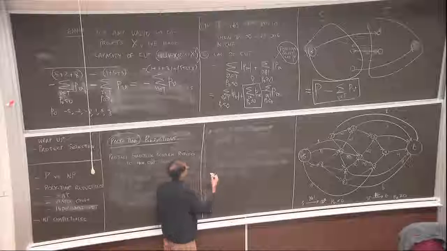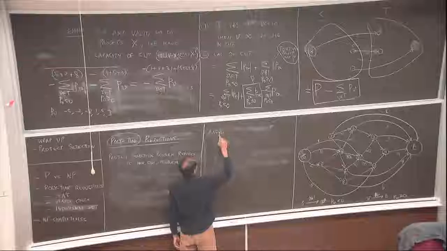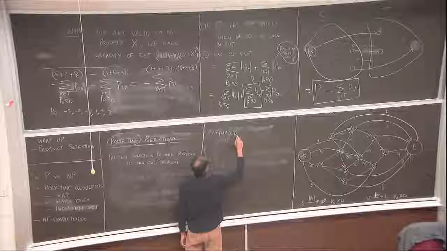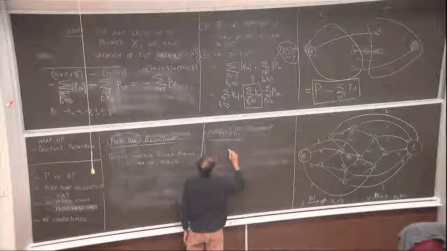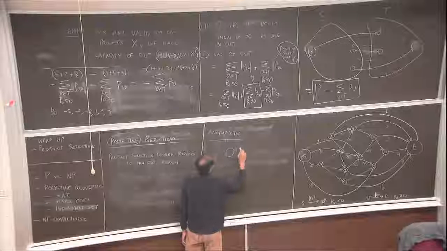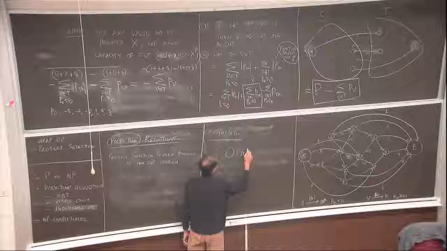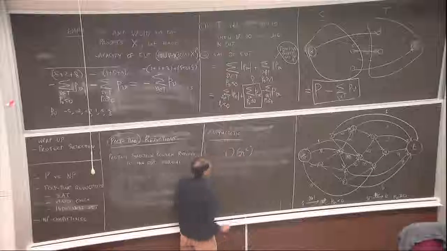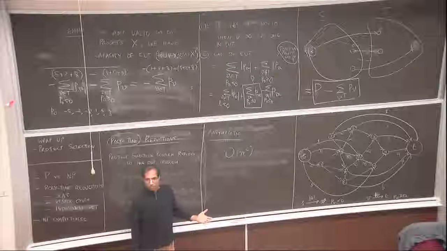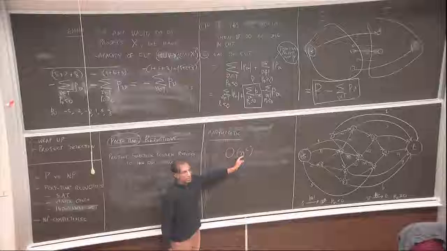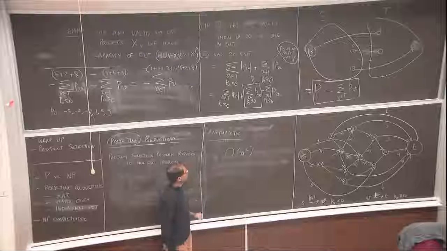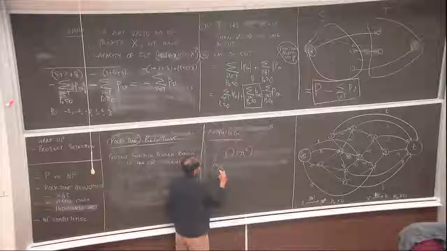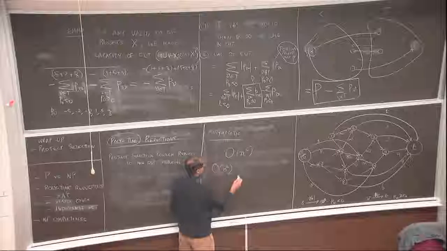When we started off the course, we talked about asymptotic notation, and we defined polynomial time as any algorithm that takes order n to the c for some c, where c is a constant, where n is the size of the problem. So order n squared is polynomial time.